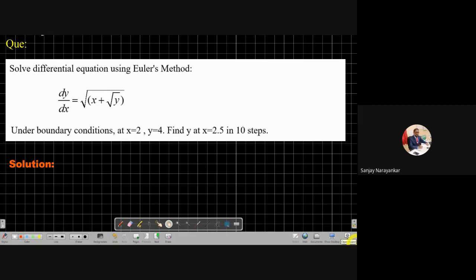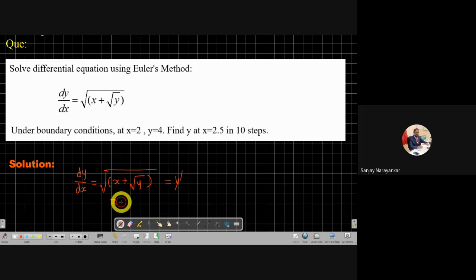Okay, so what is given in the problem? What we have is dy by dx given as equal to under root x plus, okay, this is what is given. So we can say this is y dash, right?